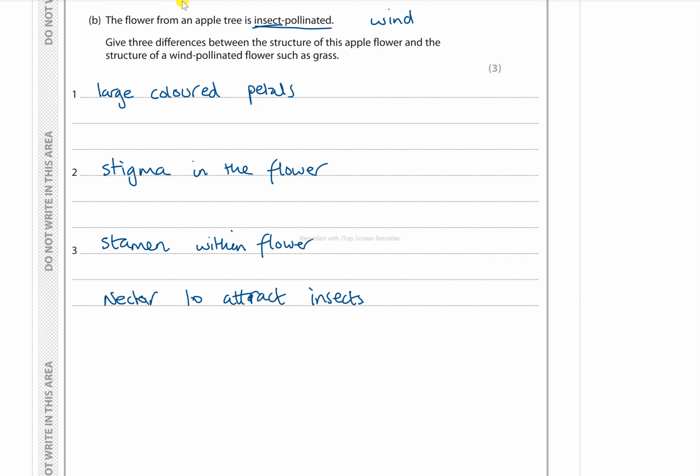And the pollen that they produce is sticky and large, so it can attach itself to the insect, normally bees, and get transferred and move around, either self-pollinate or go across to the next flower.